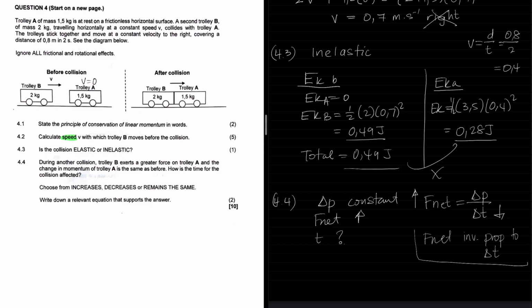And this is one of the questions that's usually asked when they ask you to explain why you bend your knees when you fall, or why there is a crumple zone for cars, and so on and so forth.